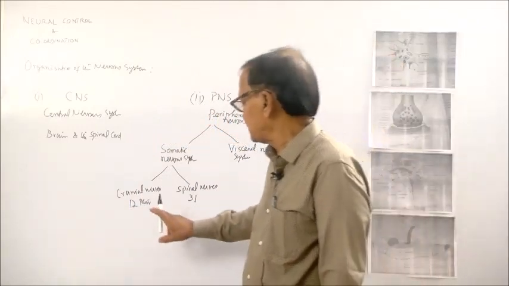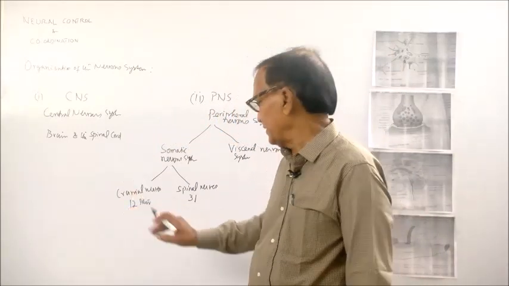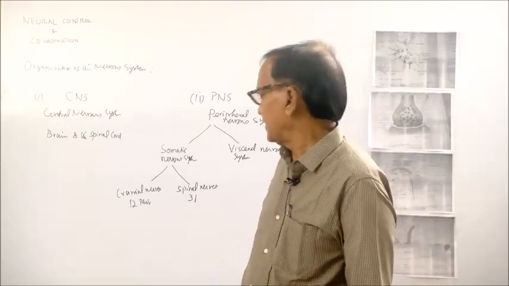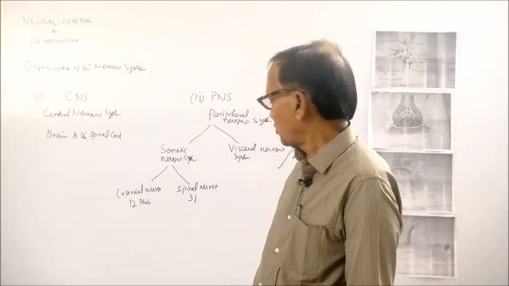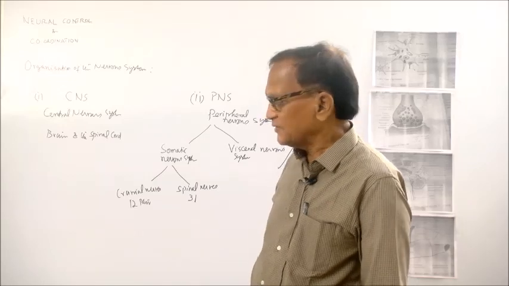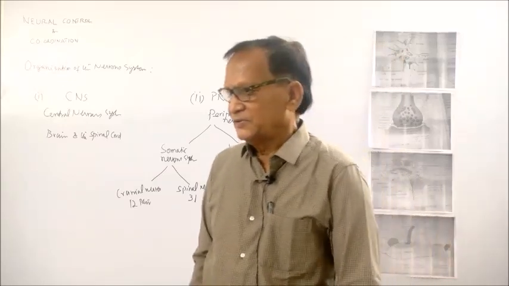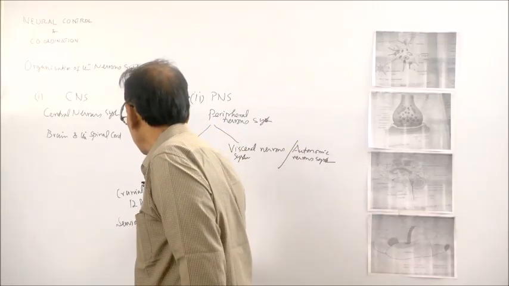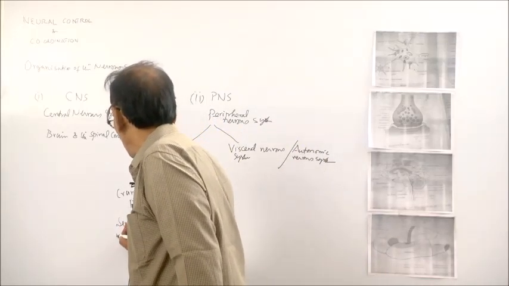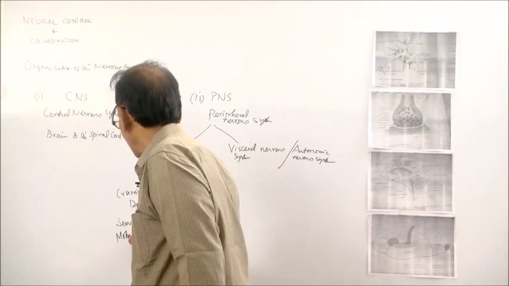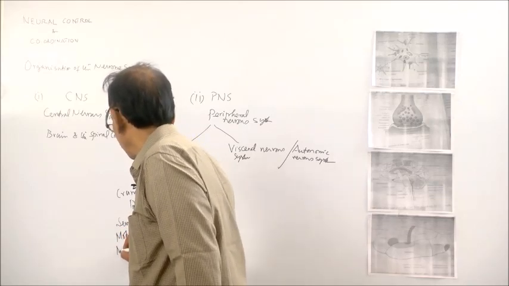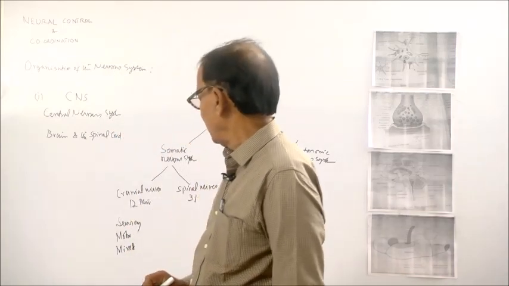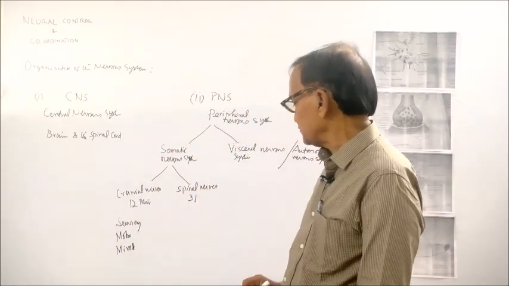The cranial nerves arise from the brain, and spinal nerves, as the name indicates, arise from the spinal cord. Cranial nerves can be sensory, they can be motor, they can be mixed. I will explain them while we discuss their controlling functions.